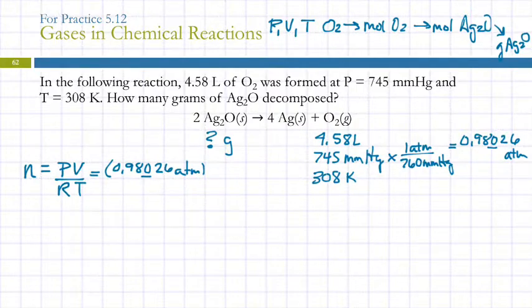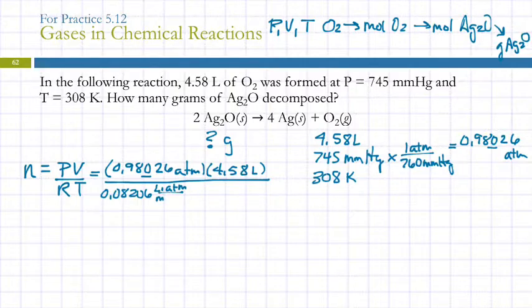The volume, 4.58 liters. We don't need to convert that unit. And then we divide all of this by the ideal gas constant, 0.08206. The units on that are liter atmospheres per mole Kelvin. That's what tells us that we need to use atmospheres for the pressure. And temperature always has to be in Kelvin for gas problems, 308 Kelvin.